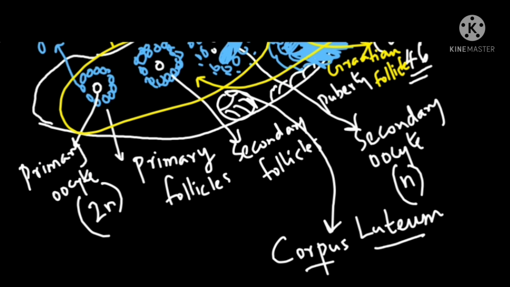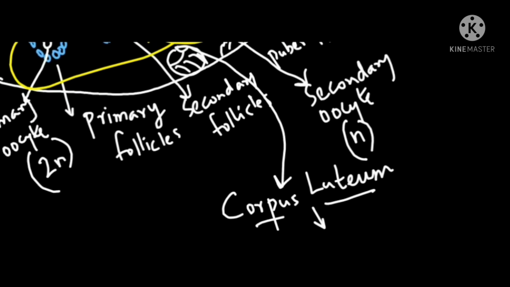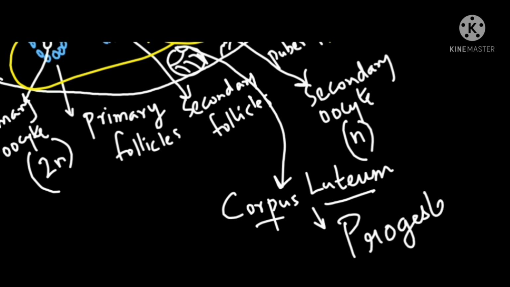Corpus luteum produces the second female sex hormone. What was the second female sex hormone? It starts with P. R. Yes. Good. So corpus luteum produces progesterone. So these are the different hormones which are present inside the female ovaries.